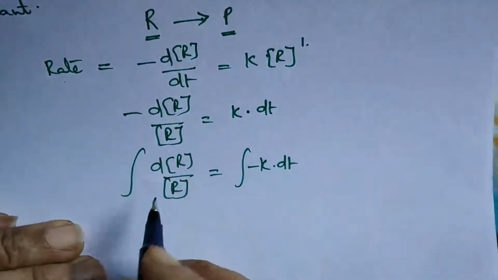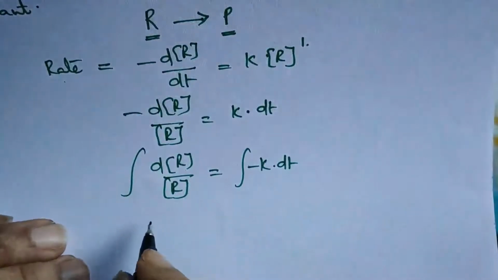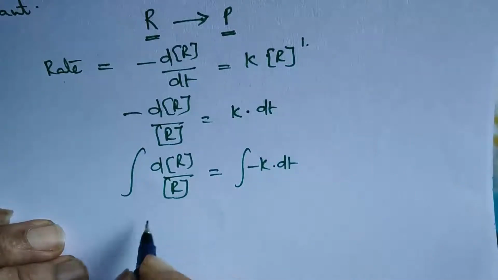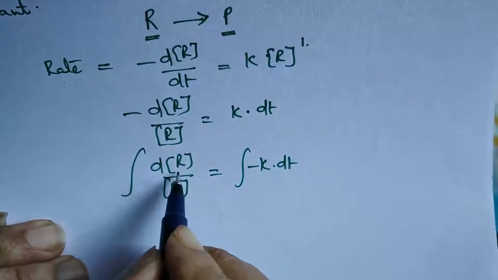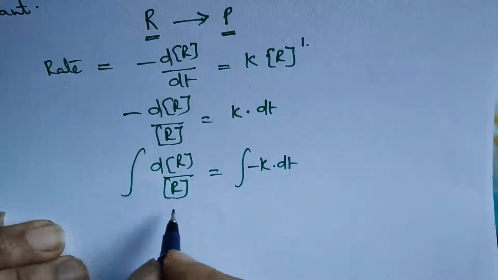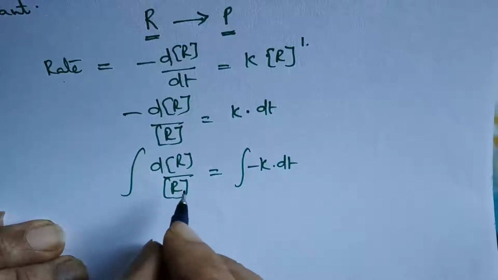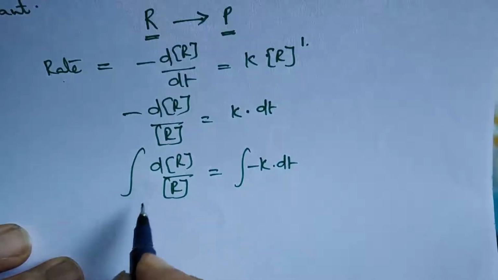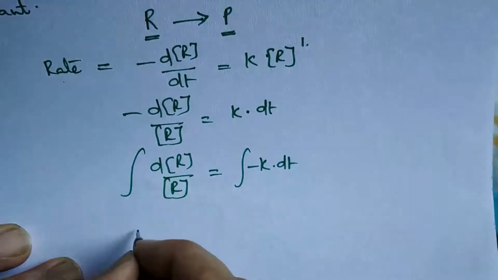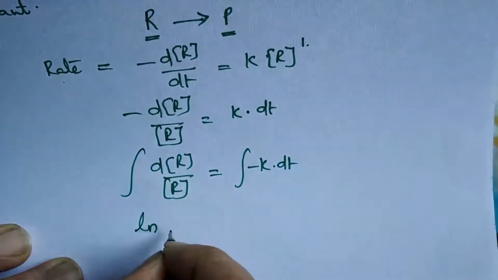So integral dR by R is equal to, if the differential equation is integrated, it will be converted into the natural logarithm, but not to the base 10 log. That natural logarithm is denoted by ln.